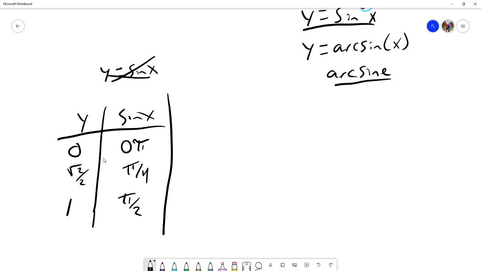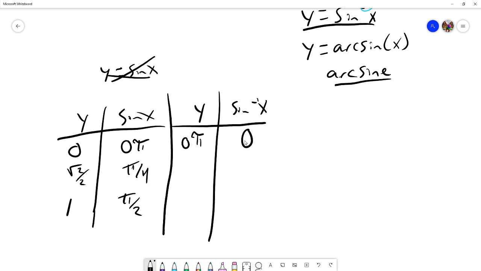Now, for arcsine, our output here is the 0 from normal sine, so that becomes our input. If I plug in 0, then I'm going to get out 0. If I plug in square root 2 over 2, then I'm going to get out pi over 4.